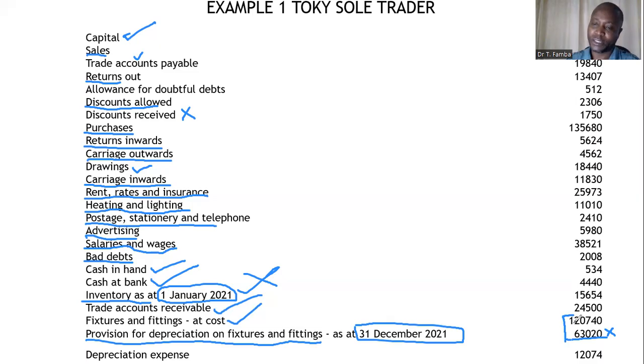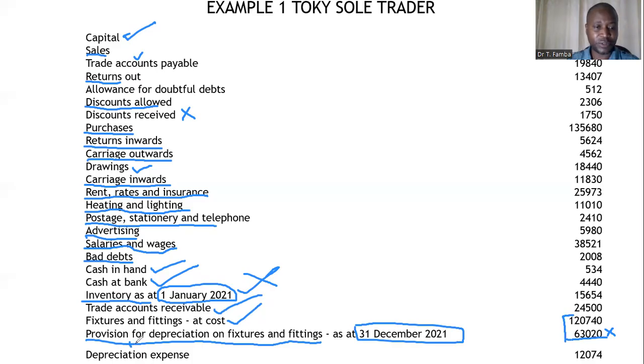the 120,740 minus the accumulated depreciation, which is 63,020. But look, we also have what we call depreciation expense.